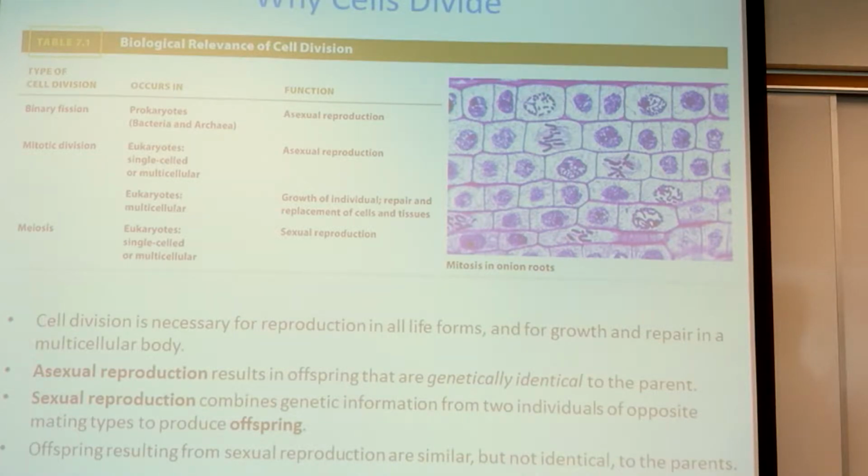Therefore, the offspring will have a totally different genetic background. They will be genetically different from the parents. So it is similar but not identical.